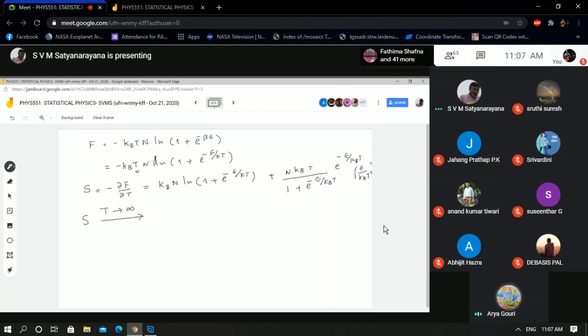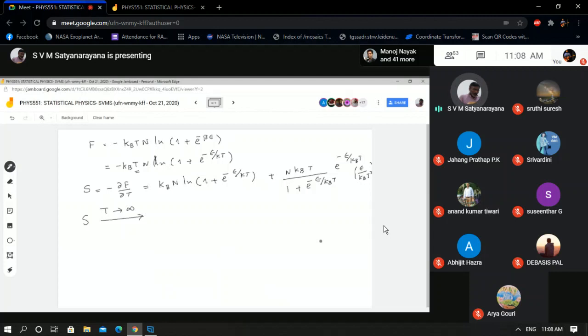If we take the limit, it's not very difficult to evaluate, because wherever 1 by T is there, that term we can put as 0.